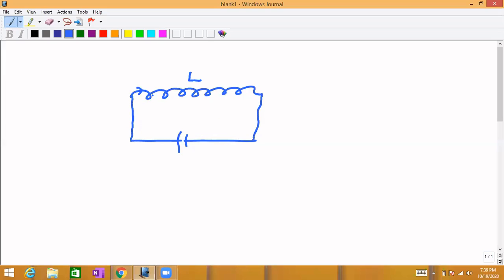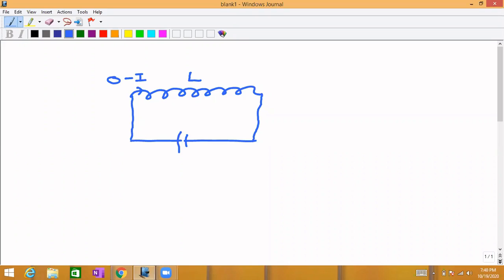Now the current will increase from 0 to I. And for this increase, an amount of work or energy is required. Otherwise, you will not get any current. This energy is required to do work against a back EMF or induced EMF. I explained these things in the last class.